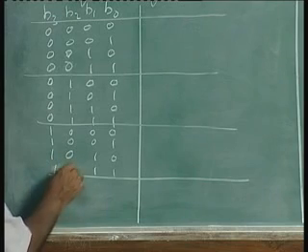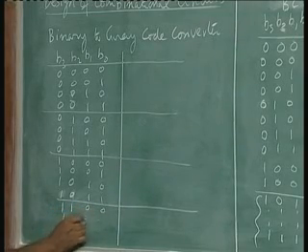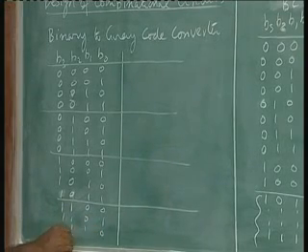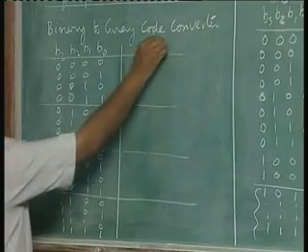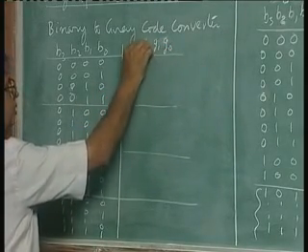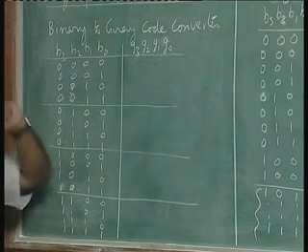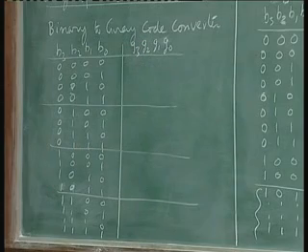So I will call this G0, G1, G2, G3. The spelling of gray is this, Gray code, after the name of a person, not the grey color.